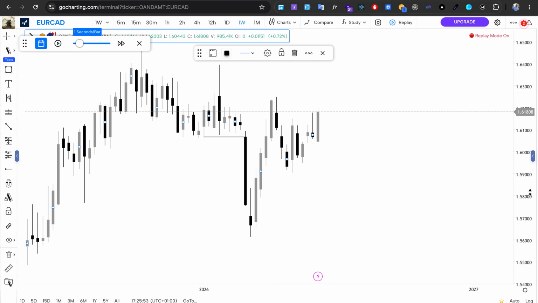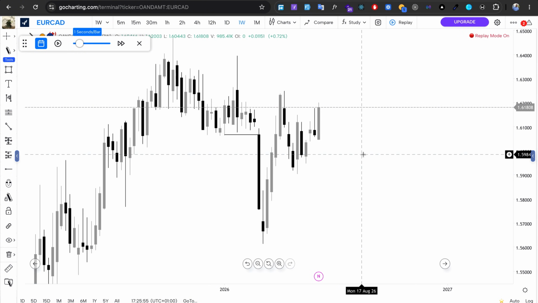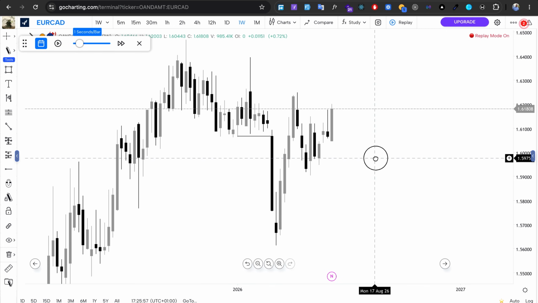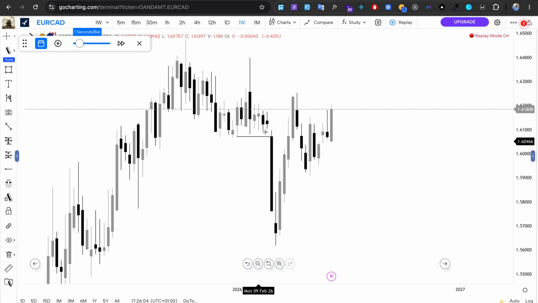I should be anticipating, even though I know this pair is very, very bullish, that there is an opportunity for a sell. You understand? A very good sell before going back to the bullishness.